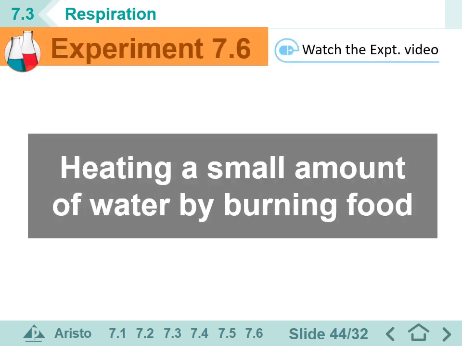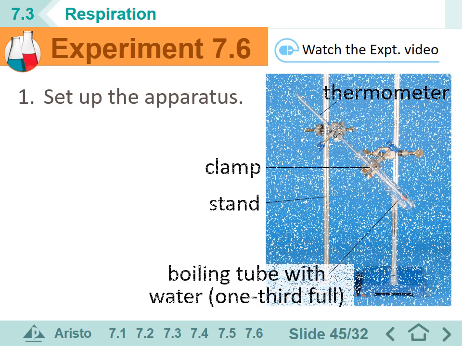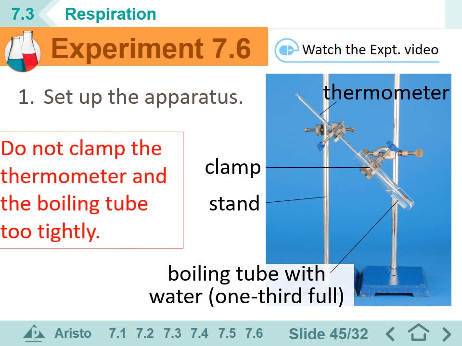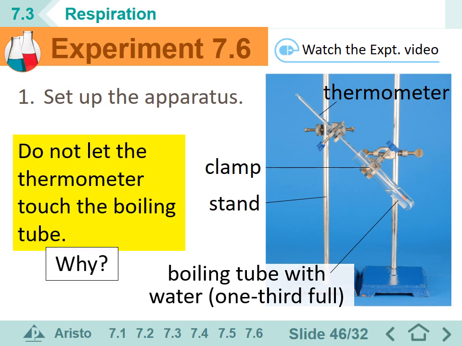Now we will test the energy inside the food, to prove that there is chemical energy inside. This experiment is actually very simple. We have a boiling tube with some water. Do not let the thermometer touch the boiling tube. Why?